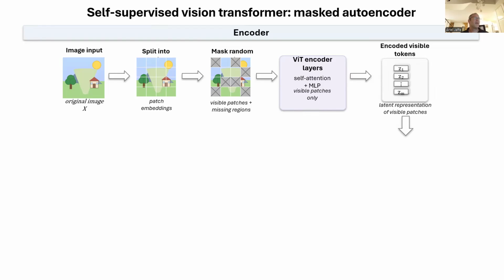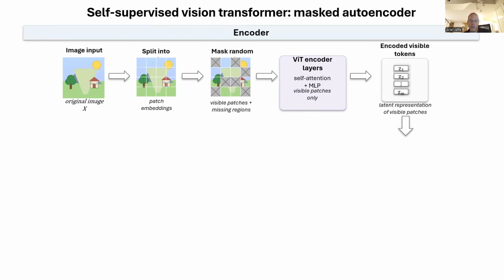Usually one of the tasks we use to train the transformer is to mask part of the tokens in the image, and we train the transformer to recover the full image from the masked image.